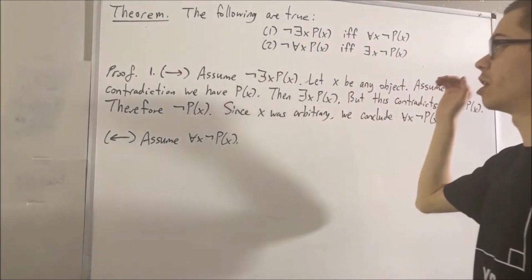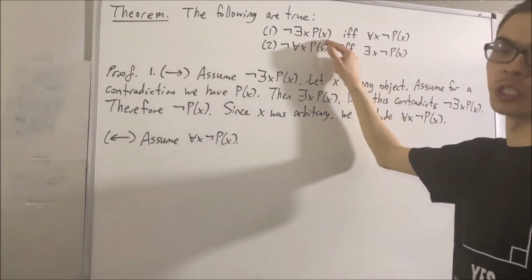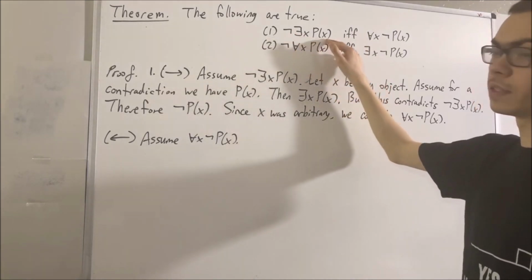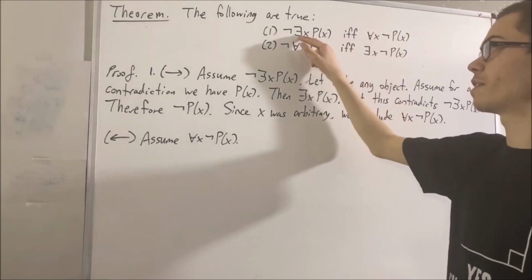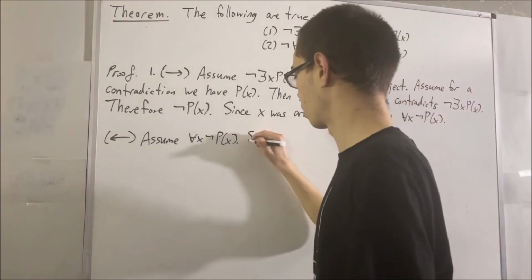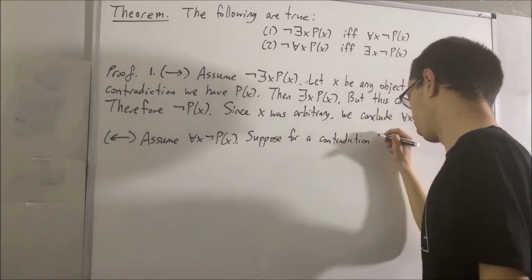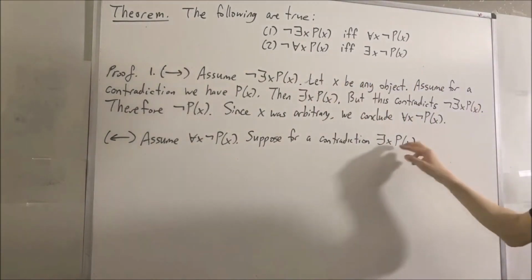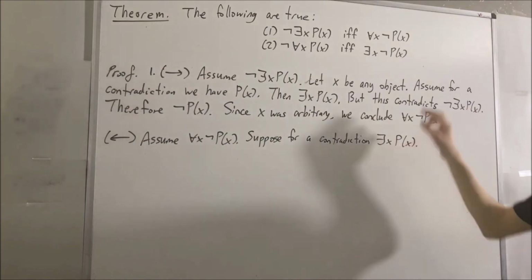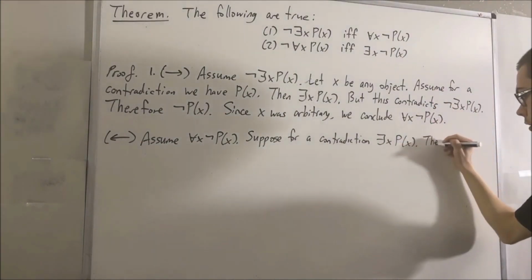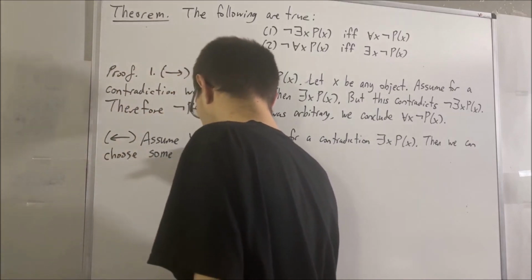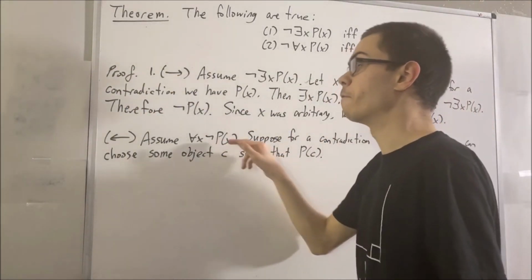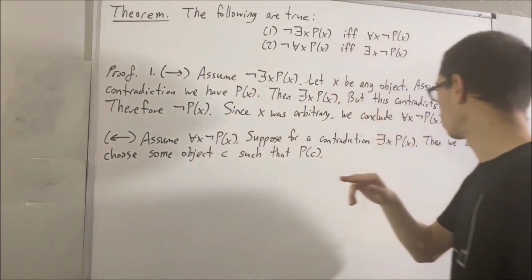Our goal now is to prove that this must then be true. But assume for a contradiction that this is not true. That is, assume for a contradiction that there is an x such that p of x. Then there is at least one object that satisfies statement p. And let's call that object c. But remember, this statement works for any object, so it must work for c.